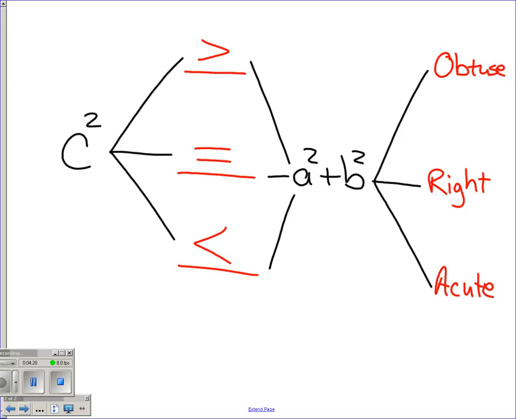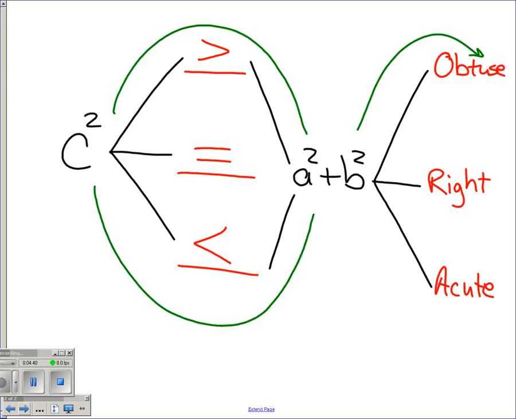And let's make sure that nobody thinks of that as a minus sign right there. I'm just pointing to that A squared plus B squared. But if you go on the top route up here, C squared is greater than A squared plus B squared, then it's obtuse. If you go on the bottom route, C squared is less than A squared plus B squared, then it's acute. And that is what section 7.2 is completely about.